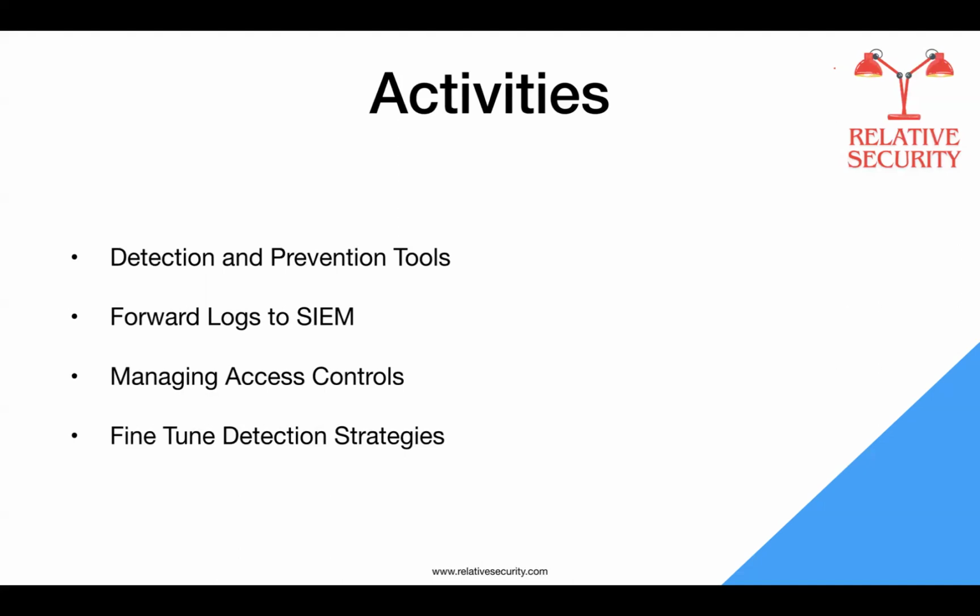It involves adjusting various settings such as thresholds, rules, filters, and algorithms used by the intrusion detection systems, prevention systems, and SIM tools. When you're fine tuning these strategies, organizations can reduce false positives, improve detection accuracy, and increase the likelihood of identifying and mitigating security threats in a timely manner.